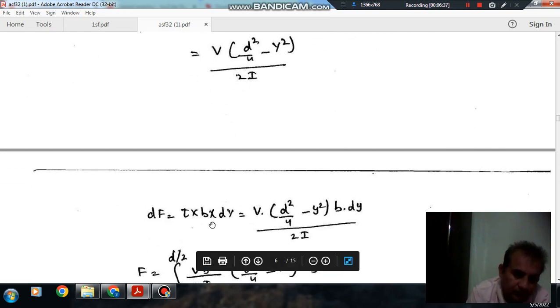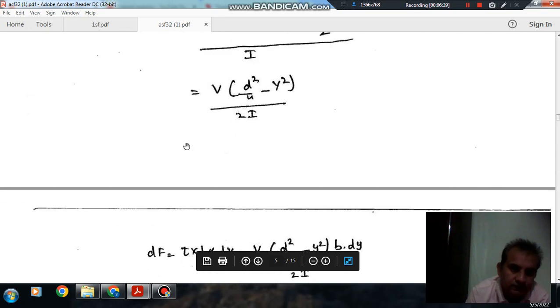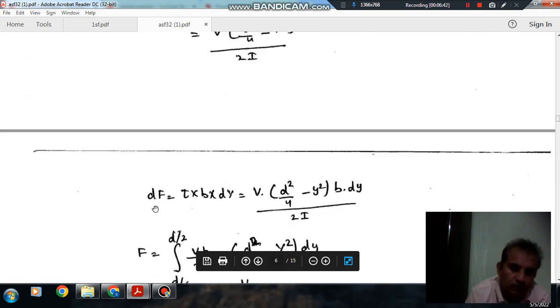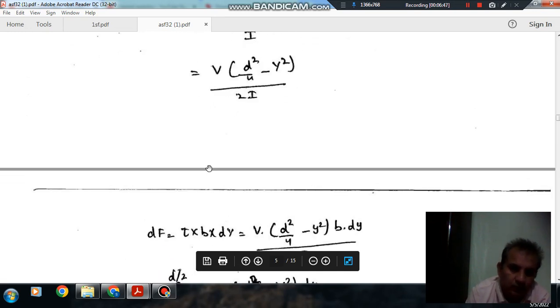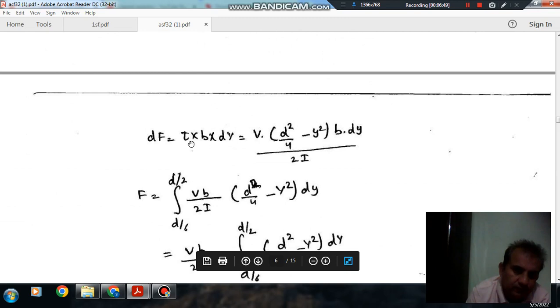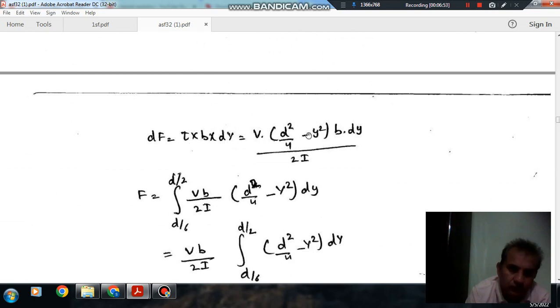If we multiply this shear stress by the small area, we get the small shear force, that will be dF equal to tau into b into dy, where b into dy is the area of that strip. So if we multiply it, it is a small force.